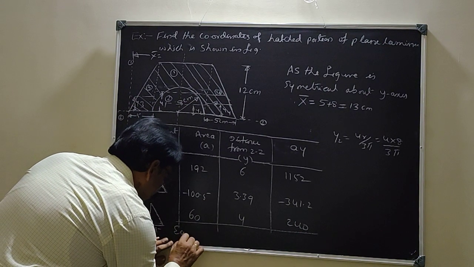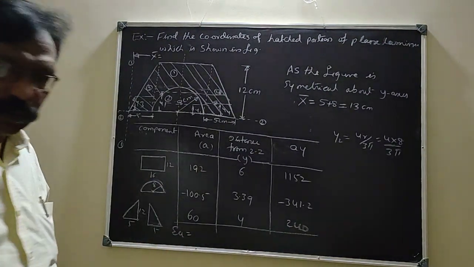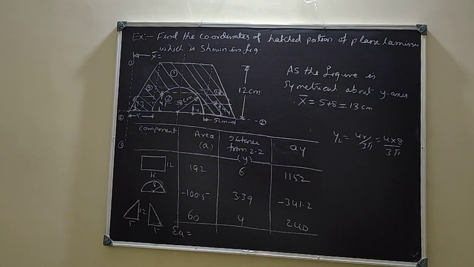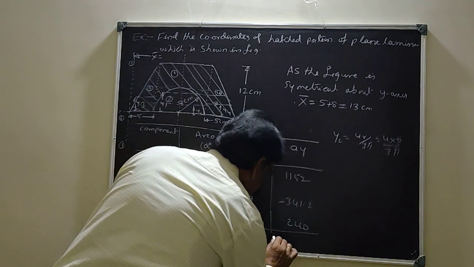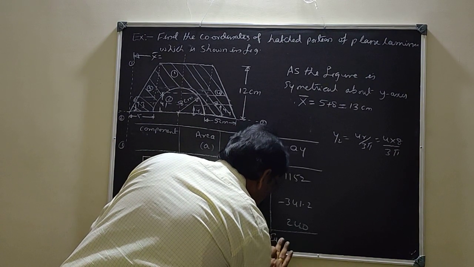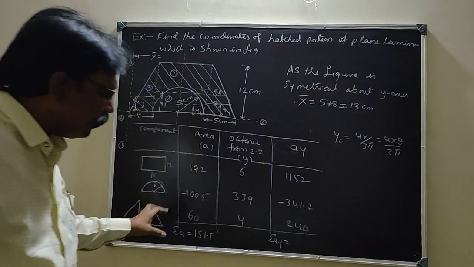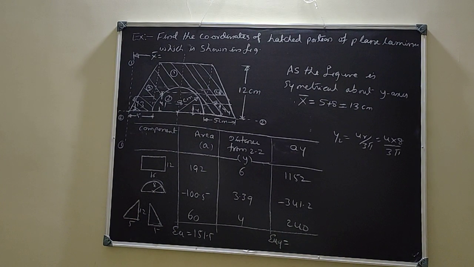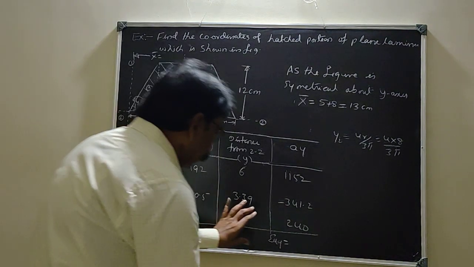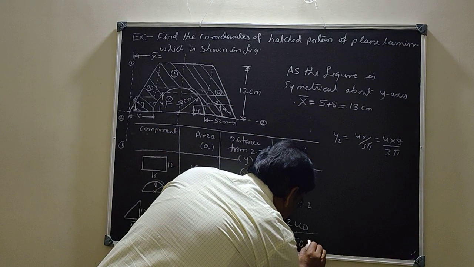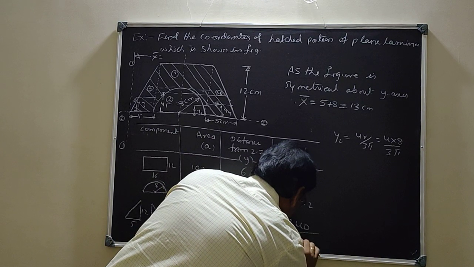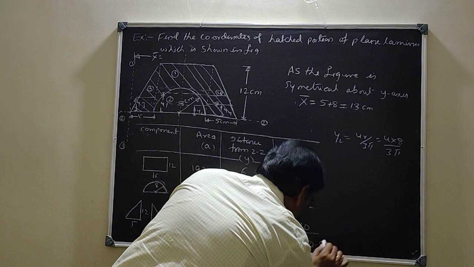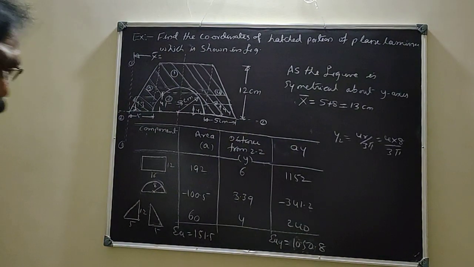The algebraic sum of the areas, that is total area, is equal to 151.5, and then sigma ay, that means the algebraic sum of the moments of all these elements about the base, is equal to 1050.8.